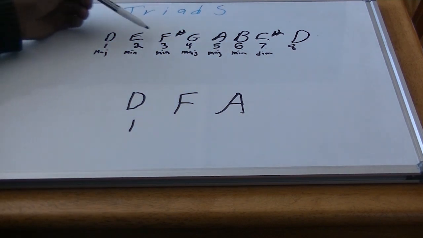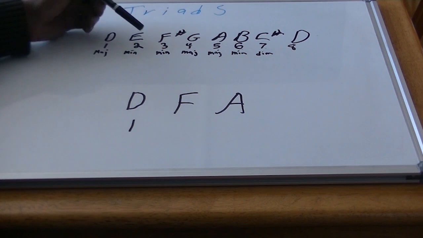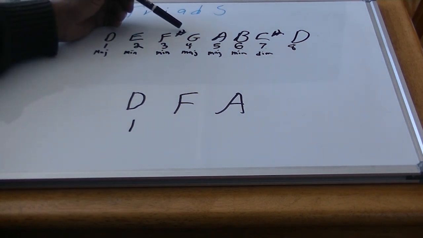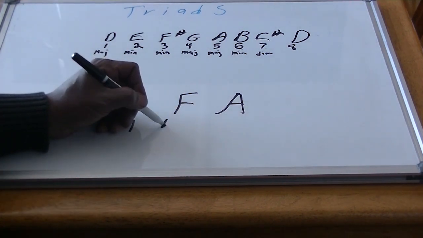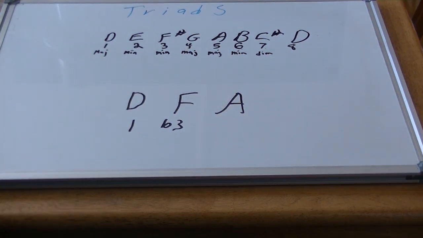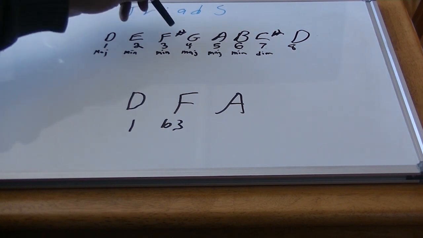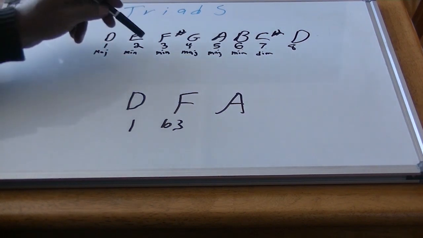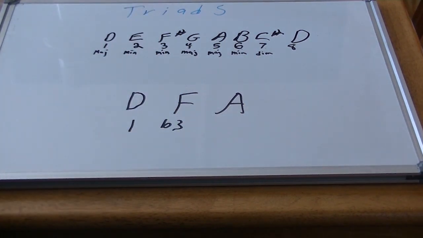So F sharp is the third note in the scale. And what we've done with the third note of the scale is we flatted the note. So now this F is referred to as the flatted third. And for anyone that's confused, the third note of the scale is F sharp. We flatted that note. That's the reason why we call the F the flatted third.